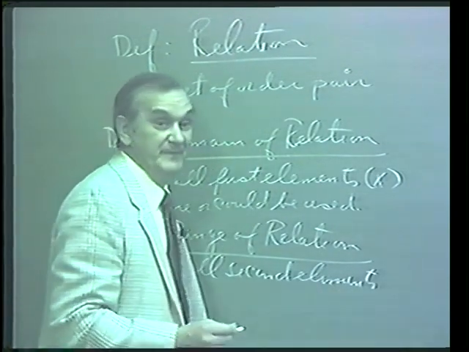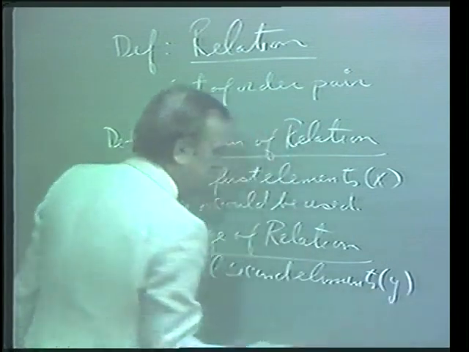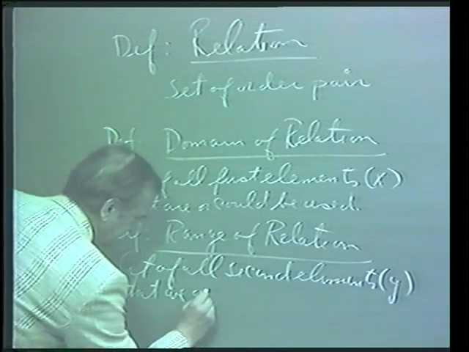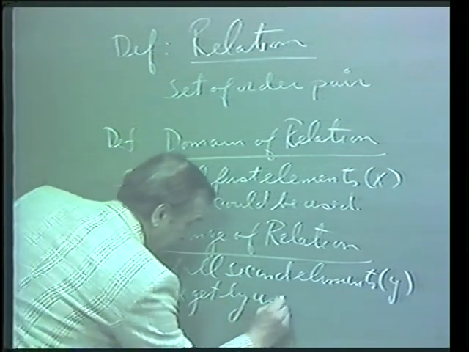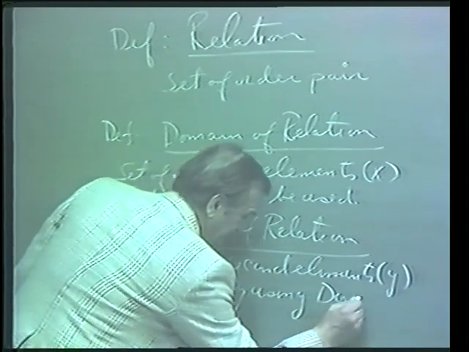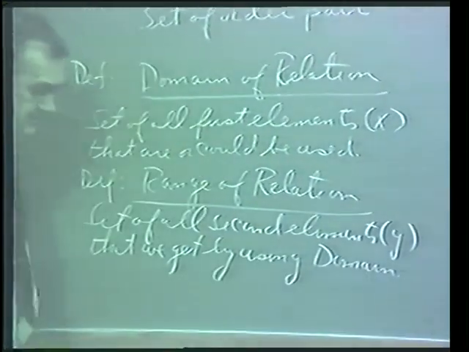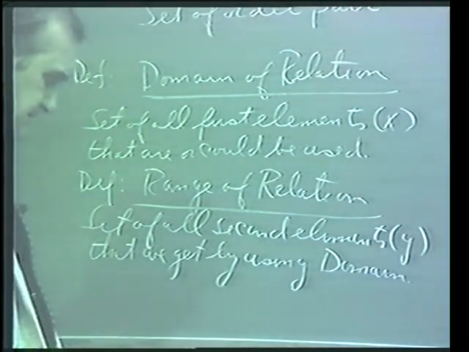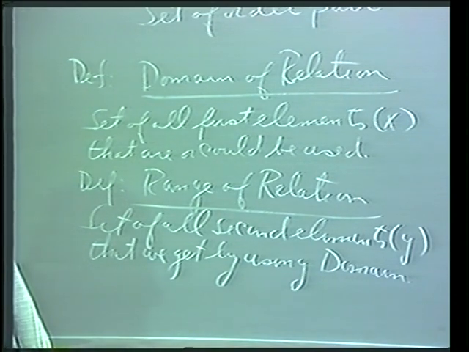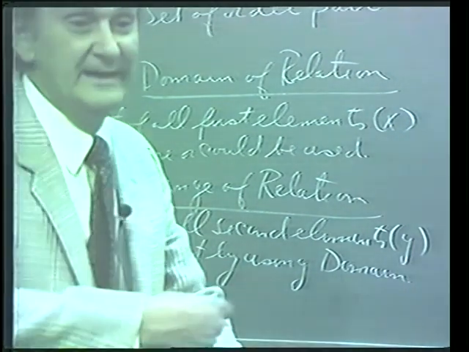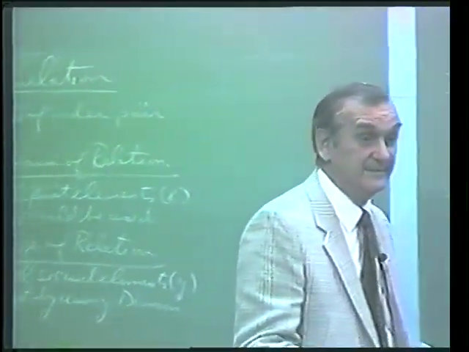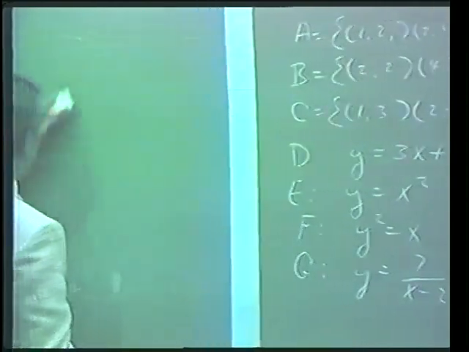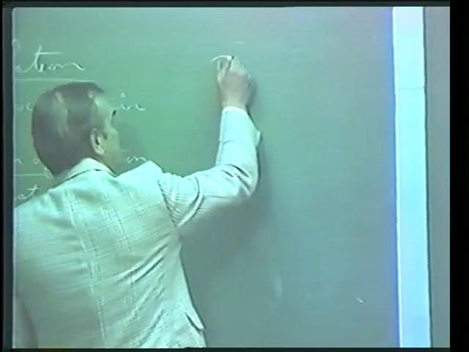By second elements, we mean the y's that we get by using the domain. All we mean by the range: when we plug in all the values we could use for x, what does y turn out to be? Now the symbol for range is R sub 0.